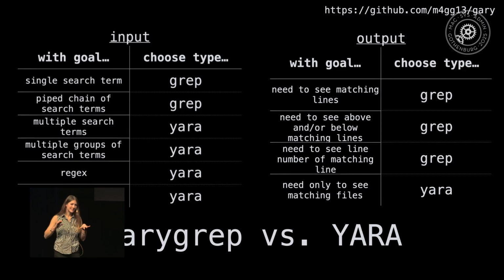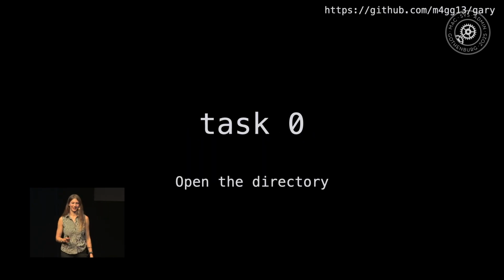For example, if you need to see the matching line, you'll need to use grep. If you have a large file and performance is important to you there, YARA is a lot faster. So those are some examples, but if you need to know more, go and look at the table on the README in the repo.